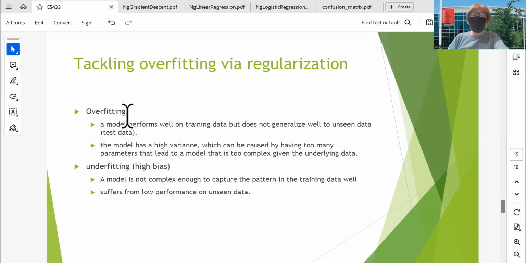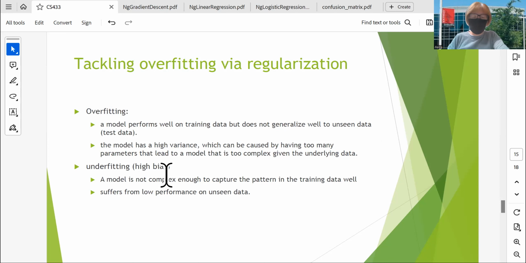What can cause overfitting? It's caused by high variance. What causes high variance? Maybe too many parameters, which makes the model too complex. So this is called overfitting.